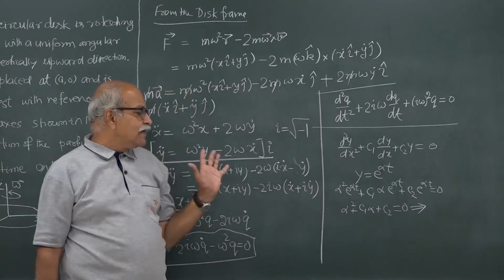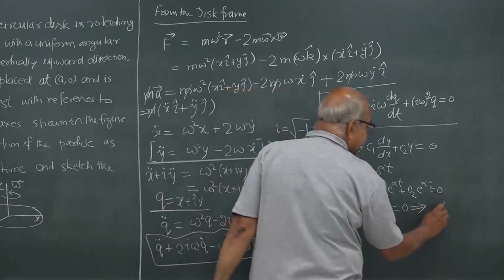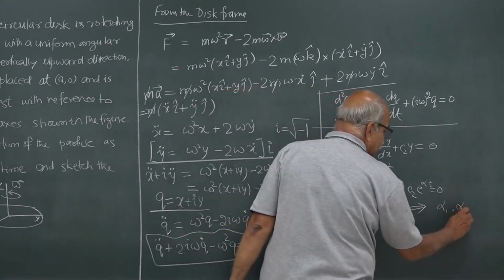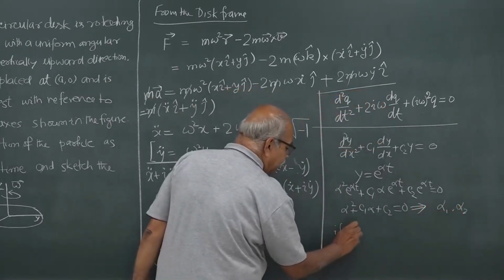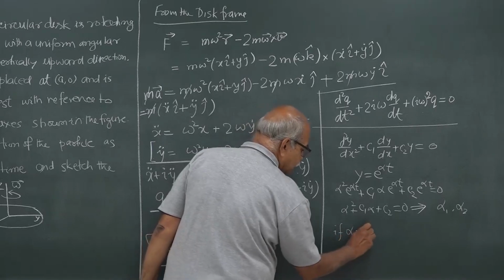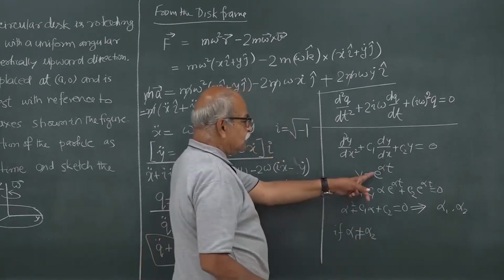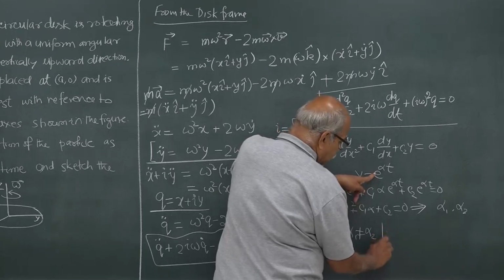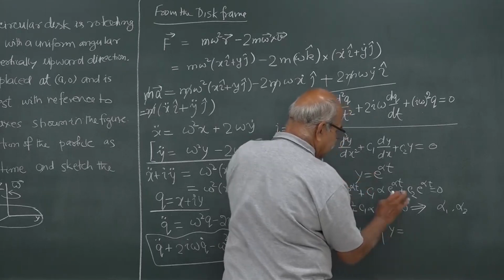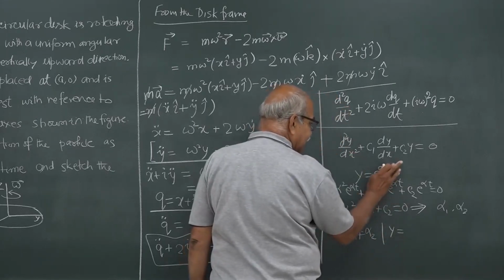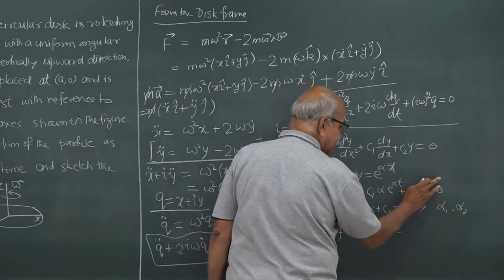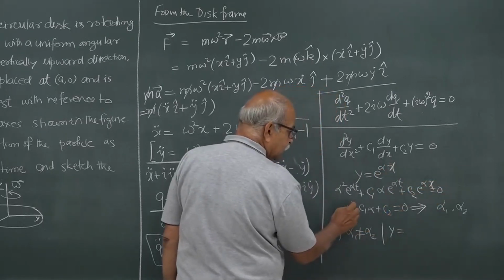You will get two values of alpha, say alpha 1 and alpha 2. Now, if alpha 1 is not equal to alpha 2, then your solutions are, let us write x here, all right.